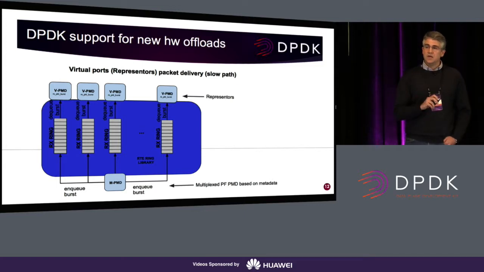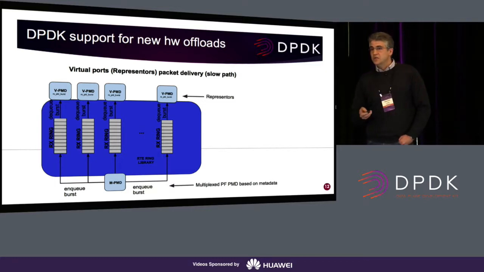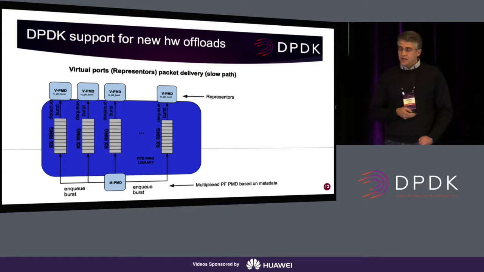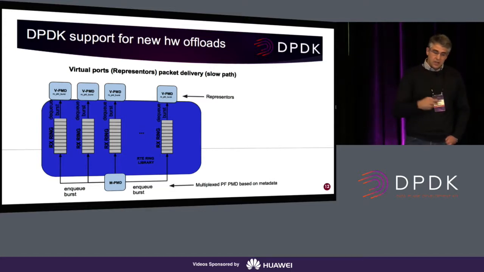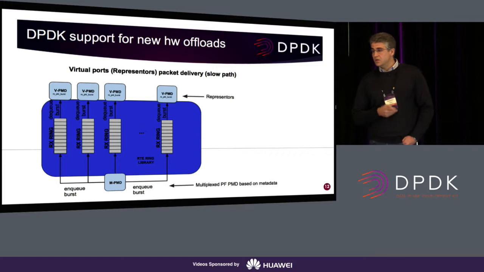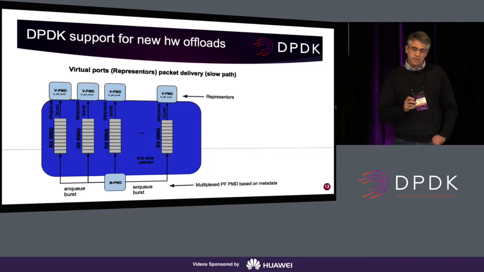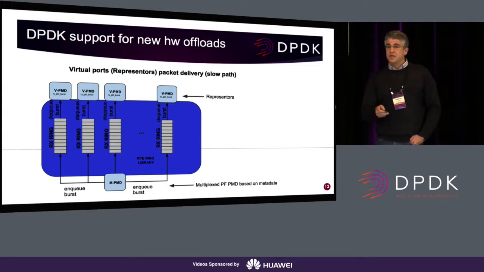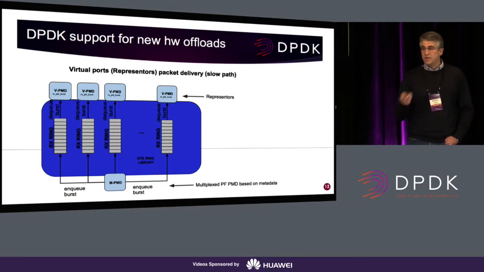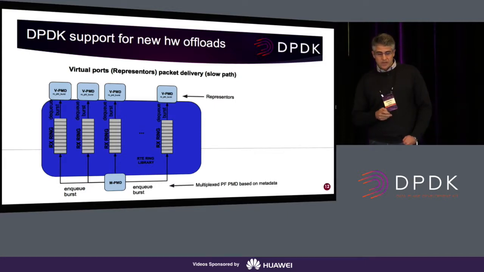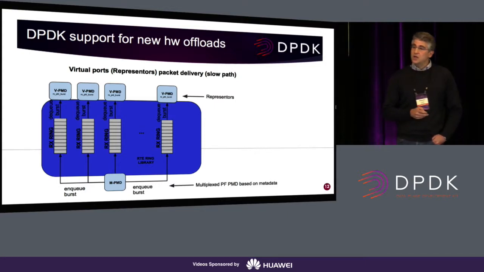The firmware is sending the packets with metadata for the PF doing the multiplexing to the right representor. And we are using the rte_ring library for doing this enqueuing and dequeuing. Okay, so it works. It was experimental work. We are using the same TX function for all the representors with some locks, but we are also working on the TX lockless implementation.